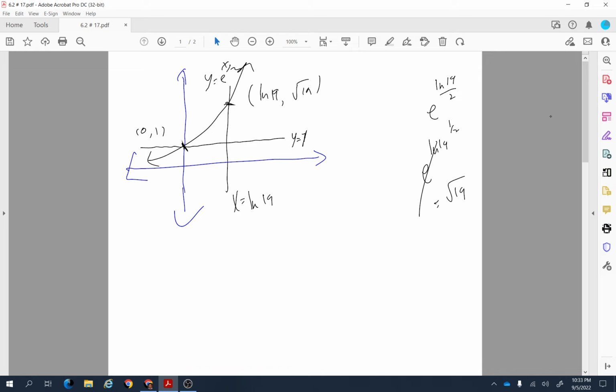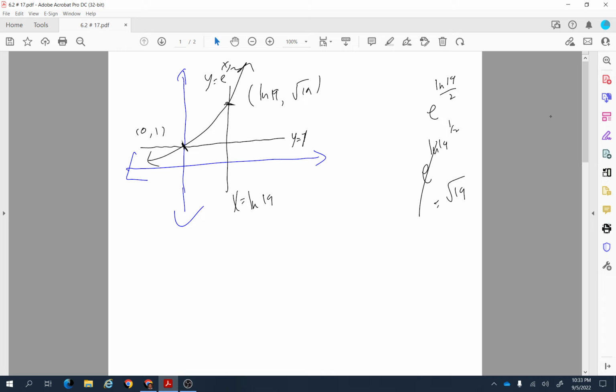Now, if you take a slice of this enclosed region, everything from here to here, we want to find the volume generated when this enclosed region revolves around the x-axis.